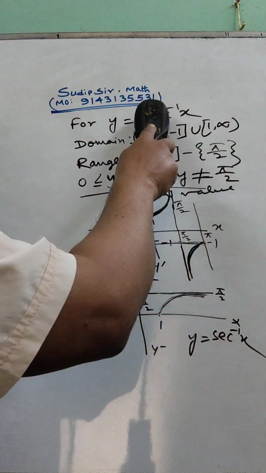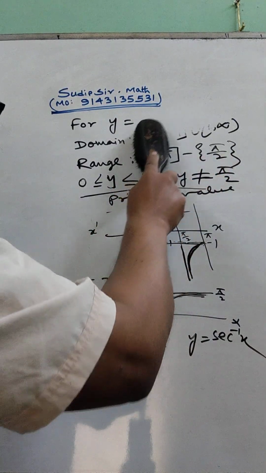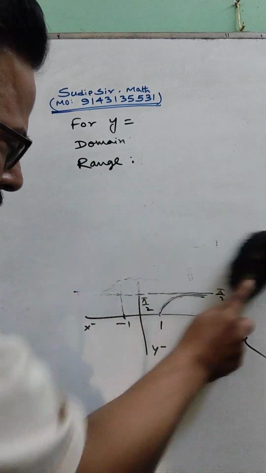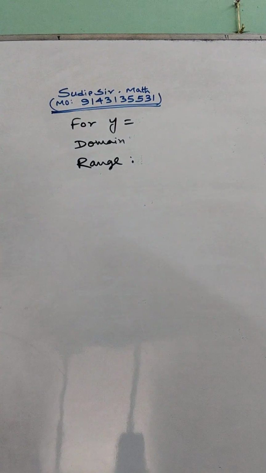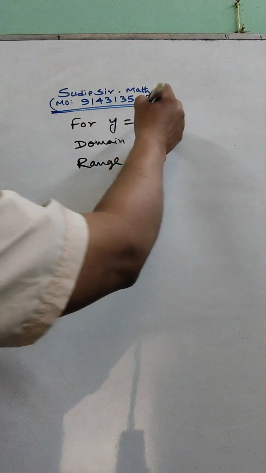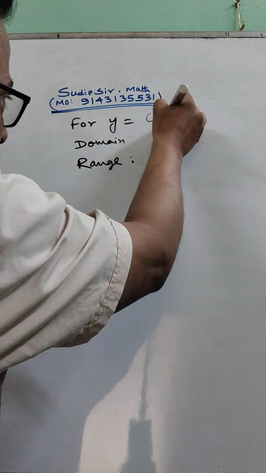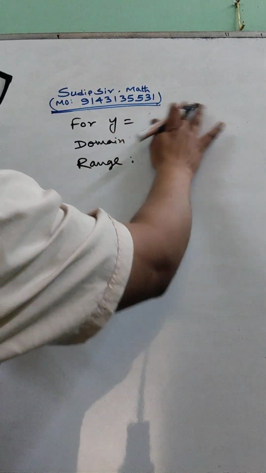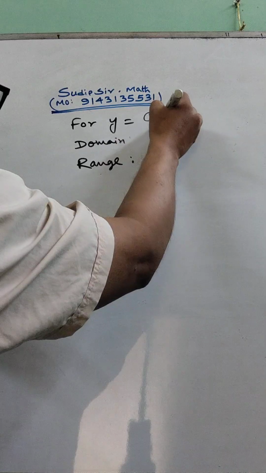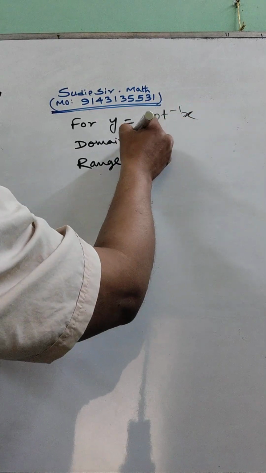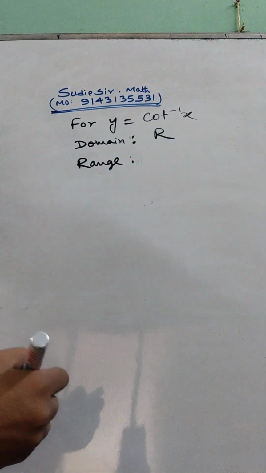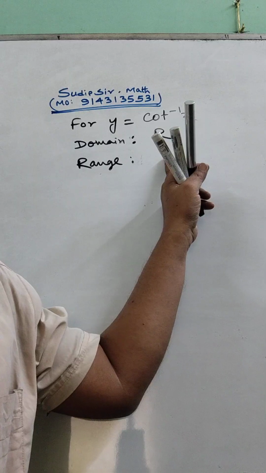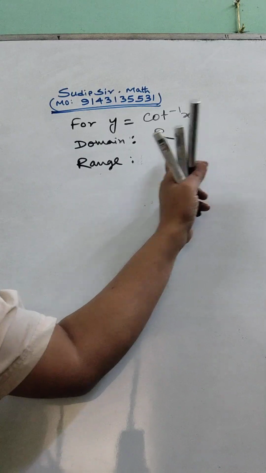Another is cot inverse x. For cot inverse x, the domain equals R. It can take any value in R. Okay.